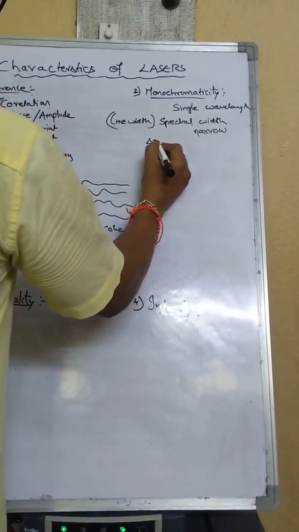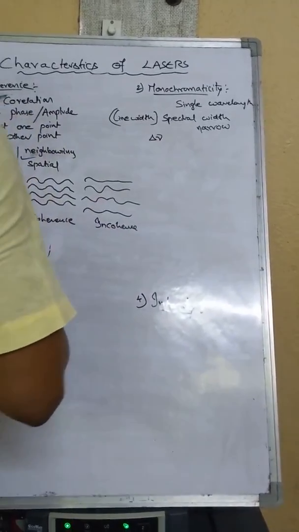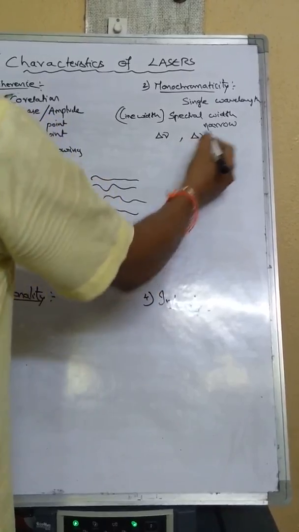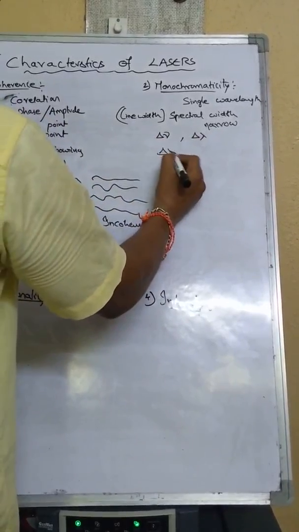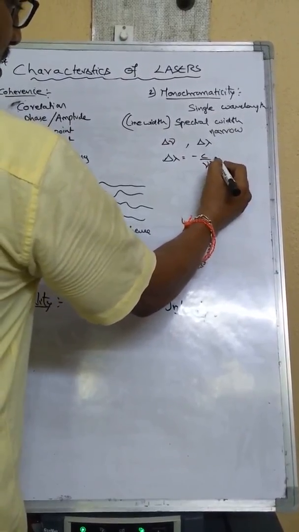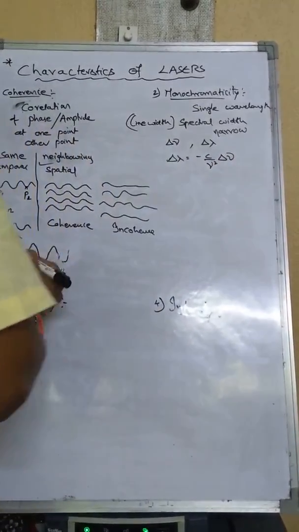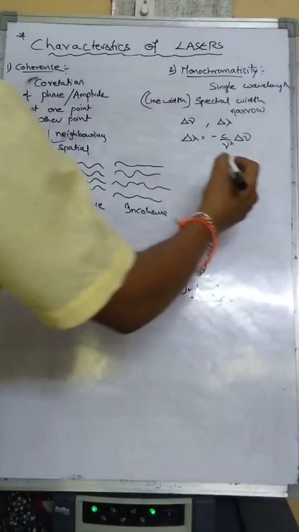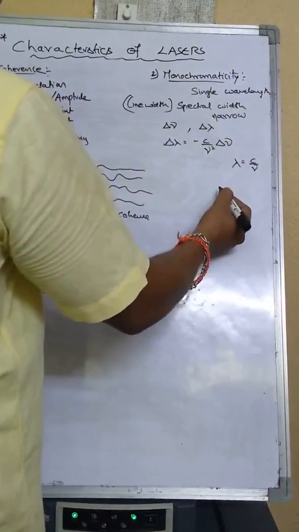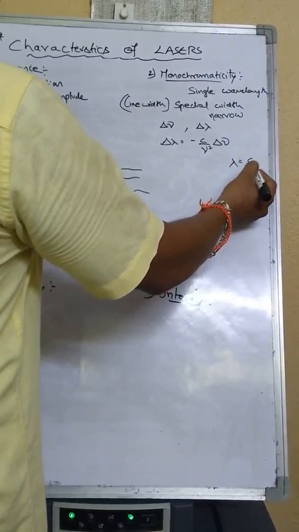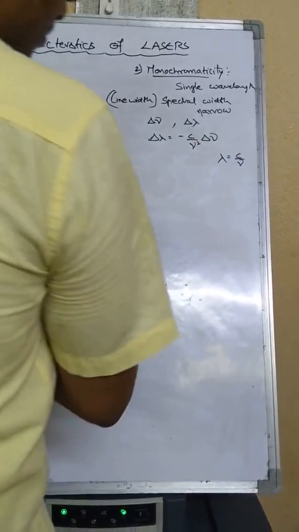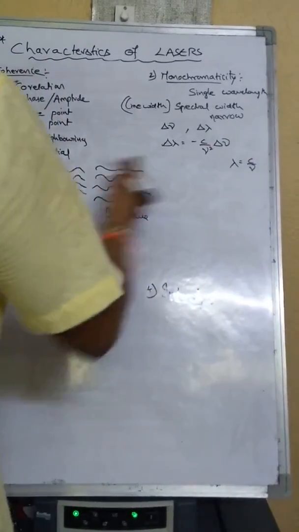If I consider this as the frequency width, and this as the wavelength width, then these two are related as delta lambda is equal to minus c by nu squared delta nu. It's a simple differentiation, where you know that lambda is equal to c by nu. If I differentiate, delta lambda is equal to c times 1 by nu, which gives minus 1 by nu squared, and that is delta nu.